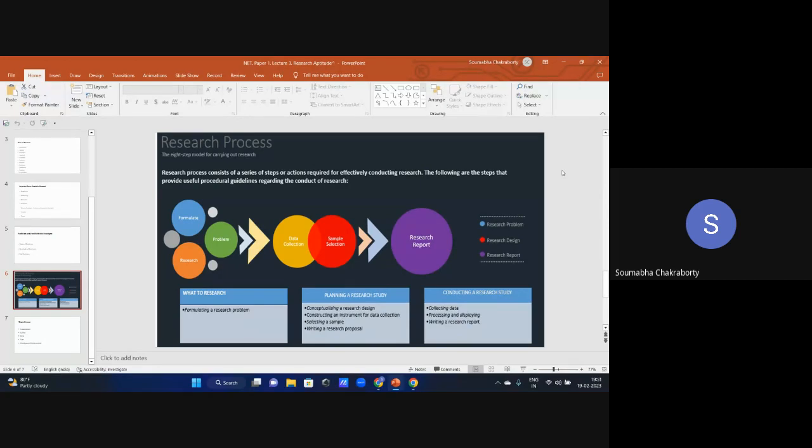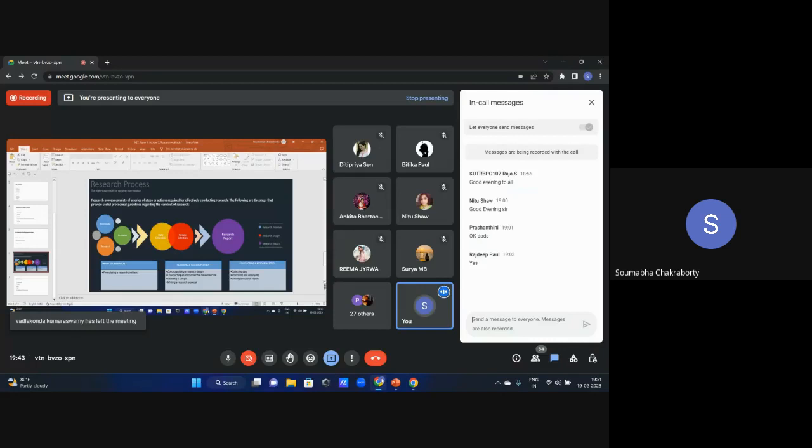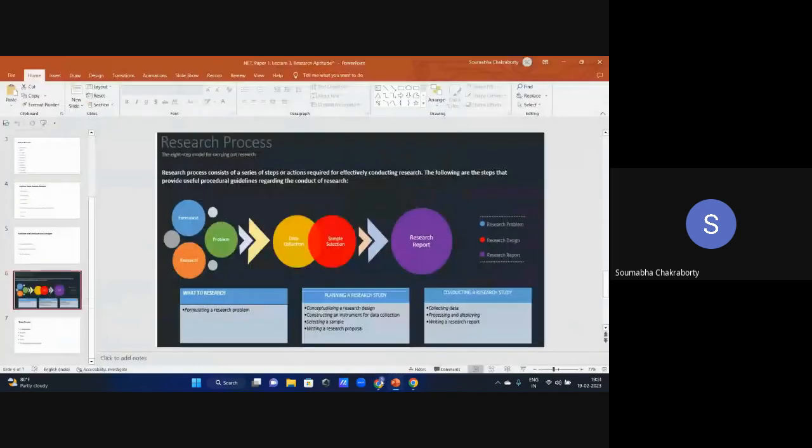Because throughout the research, you give a part of yourself, you give a part of your life. Conducting a research is like raising a child. After you have done everything, when you are writing the report, the world expects three things from you: whatever you have discovered, whatever you have done, and what conclusions you have come upon after your discovery.